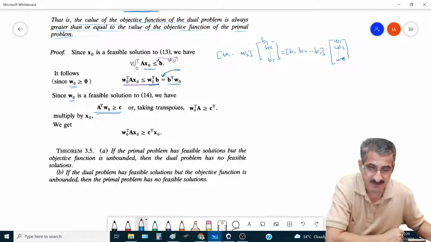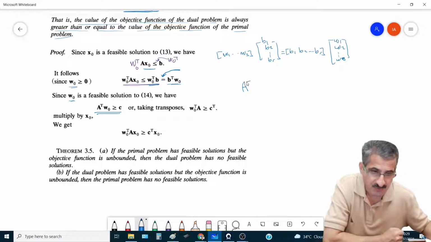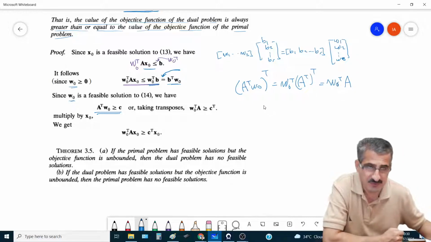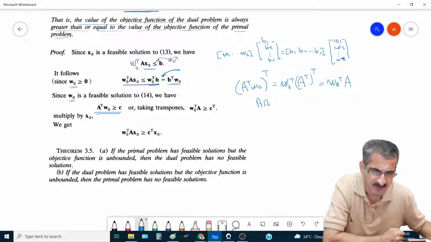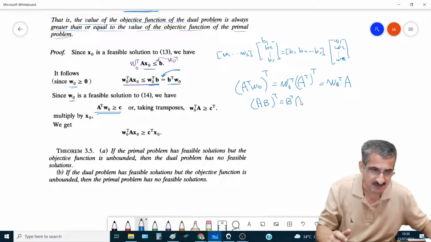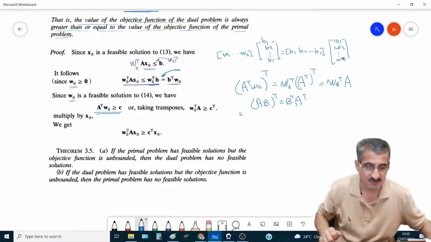Or if we take the transpose, you know how to take the transpose of this, take the transpose of that, it will become W naught transpose times A. This is because we know that if we have any two matrices, multiply them, take the transpose, it is the same as taking the transpose of the second and multiplying it by the transpose of the first.